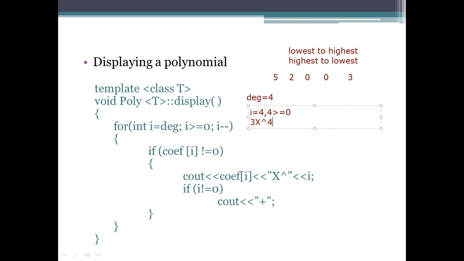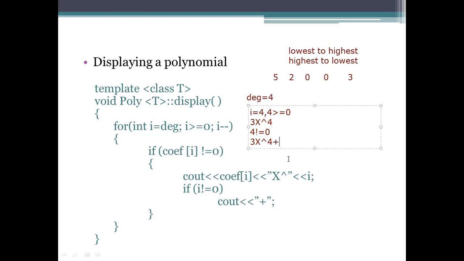Next, we need to add other terms to that, as other terms are also there. When the coefficient of 4 is not equals to 0, as the condition is true, we add this X cap 4 and a plus symbol.